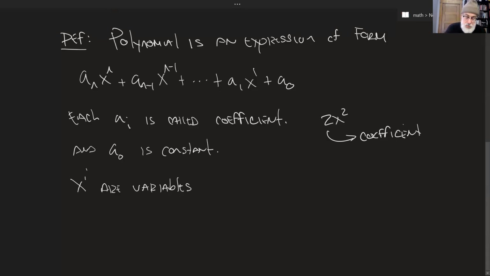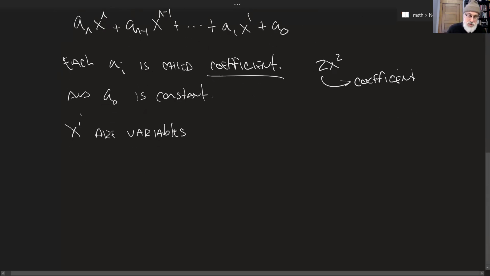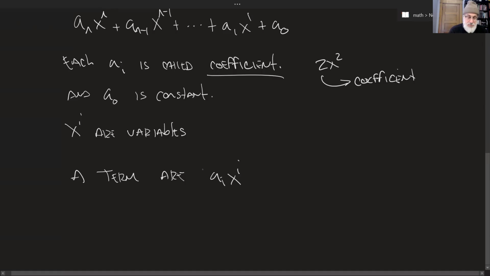All right, so we got coefficient. Let's look at what's called the leading term, or a term. So a term of the polynomial are the a sub i x to the i in the polynomial. So as an example, I have 3x squared plus 2x plus 1.